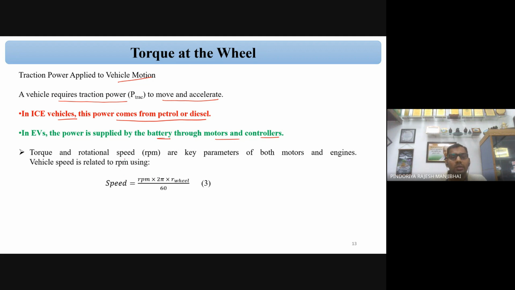Torque and rotational speed are the key parameters of both. Both vehicles have a motor or engine, correct? Vehicle speed is related to the RPM. Normally we use the vehicle speed in RPM. So speed equals RPM into 2 pi times the wheel radius, divided by 60. So we can say 2 pi n by 60, correct?